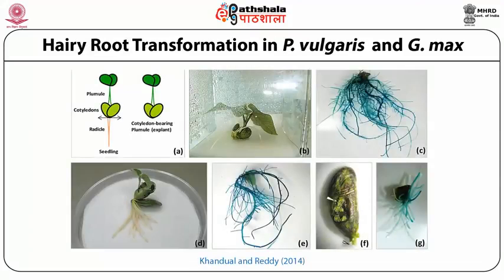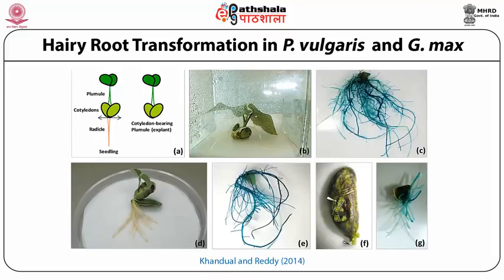This shows hairy root transformation in Phaseolus vulgaris and Glycine max, in other words, common bean and soybean. This is done with a small seedling again. The seedling is excised at the cotyledonary node and infected with Agrobacterium rhizogenes. After infection, on the petri dish or in the soil, they are allowed to grow and form hairy roots.